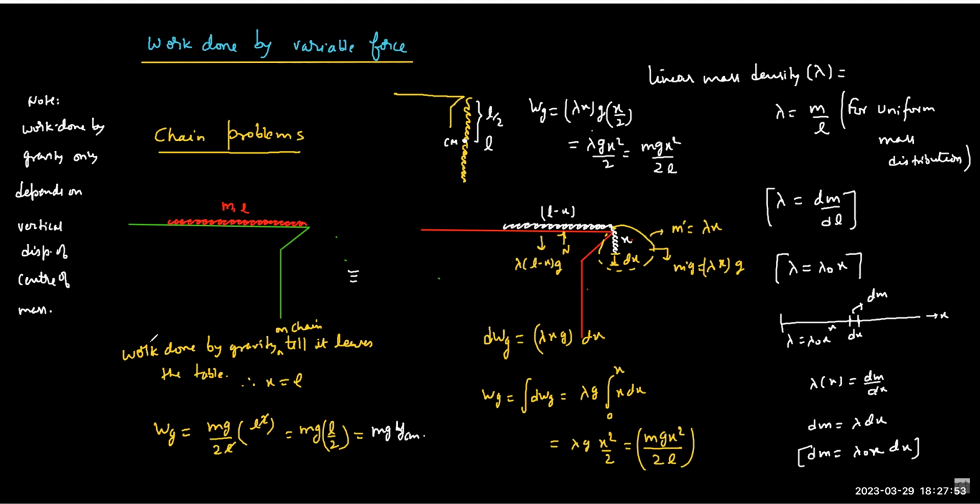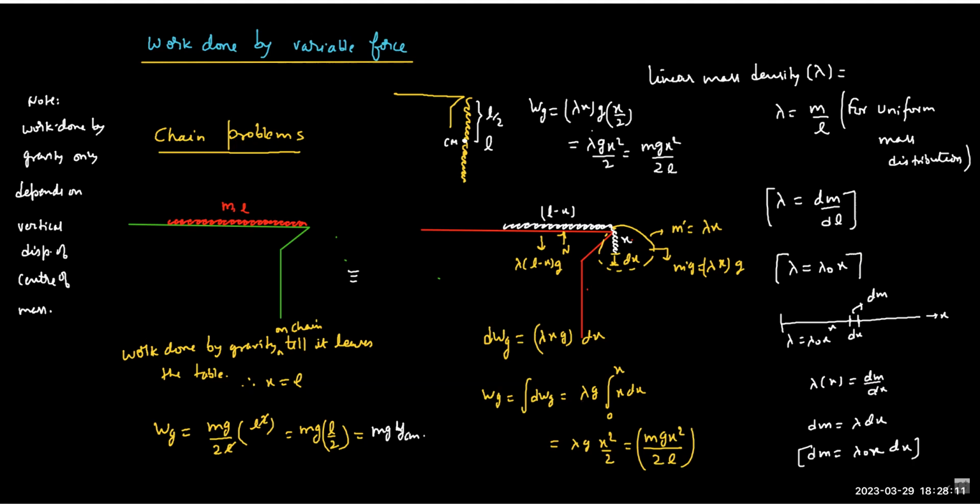And the center of mass of the object will again depend on the mass distribution, its shape, size, and other things. But for a uniform chain problem, it is always at the midpoint. I hope this is okay. Yes, sir.